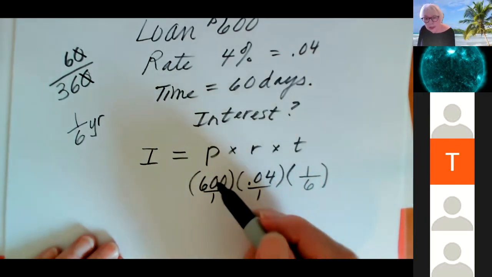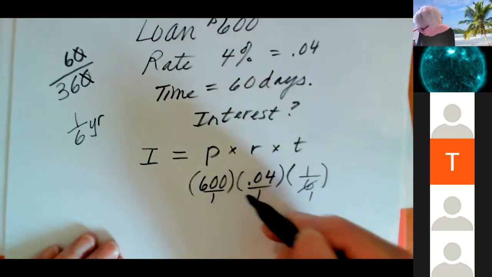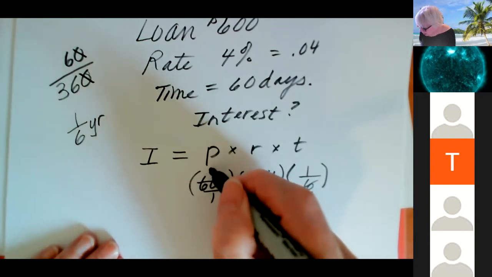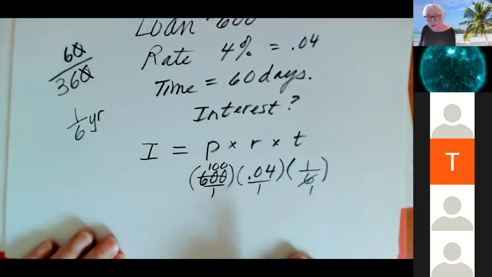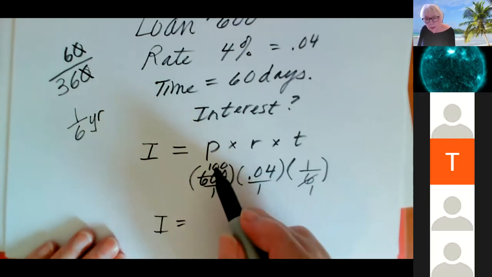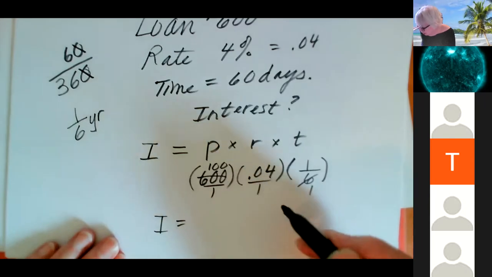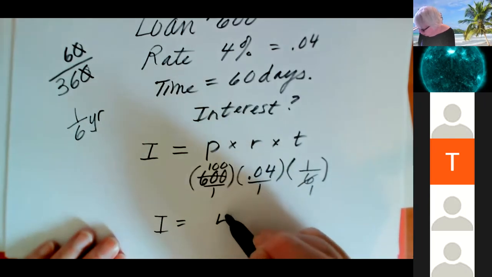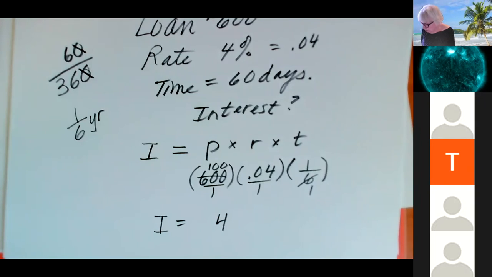I'm going to do 6 into 600 because this is denominator, this is numerator. 6 into 6 once, 6 into 600 100 times. So regardless, this becomes fairly simple. 100 times 0.04 is a 2 decimal shift. That's $4. It's worth it, right? It's not a bad loan. And so that's kind of what you wanted.